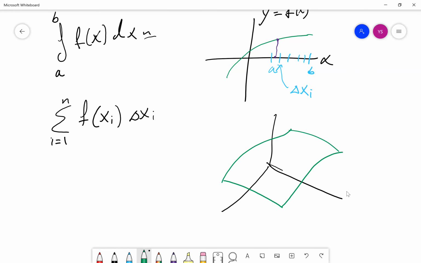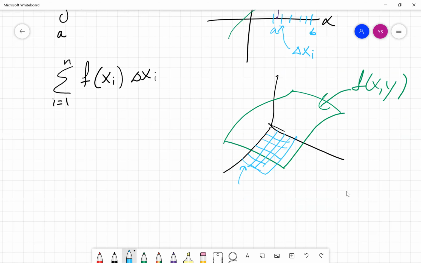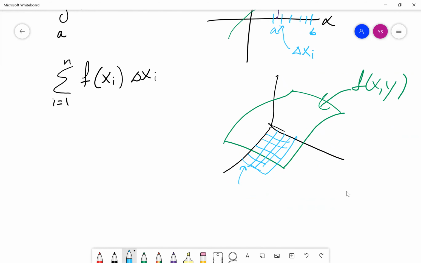But if here is your f of x, y, and we have some box below where we're trying to integrate, then we break this up into, again, very small pieces. Each one of these pieces has area delta xi times delta yi, a certain width in the x direction and a certain width in the y direction. These are some areas, delta Ai, let's call it.